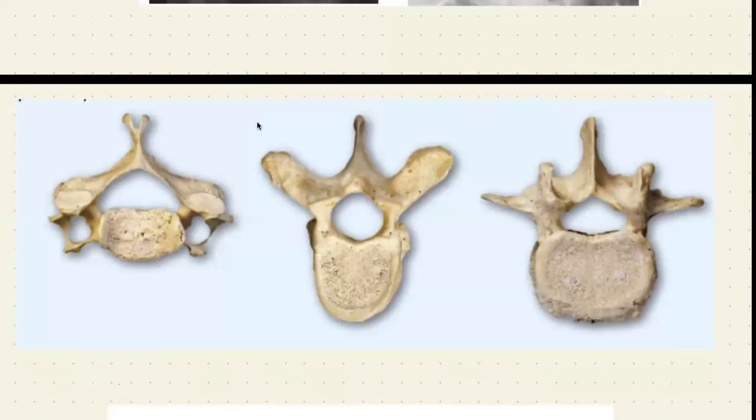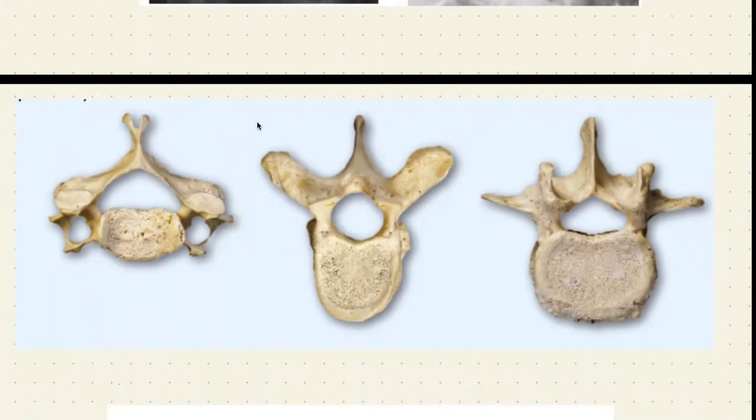It is in the atlas, behind the lateral mass, on the superior surface. Is it present in the anterior arch or the posterior arch? It is present in the posterior arch. It will go up to the foramen magnum.